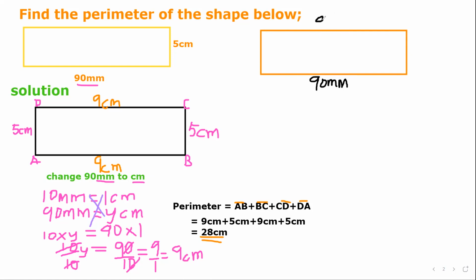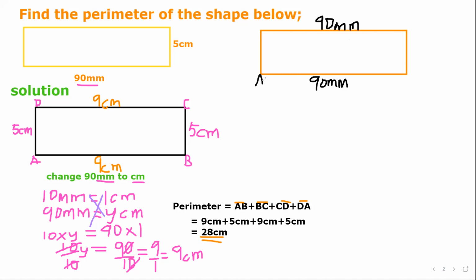So here too is 90 millimeters. Okay, good. Because here is 5 centimeters, so you are going to change the 5 centimeters to what? Millimeters.